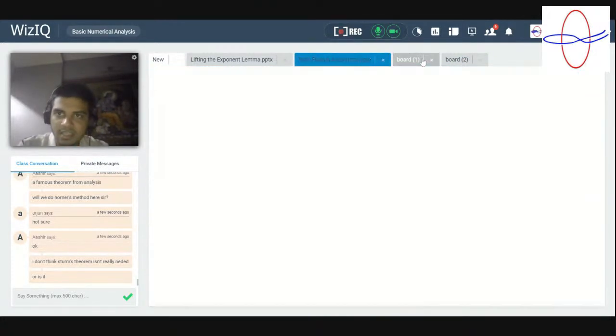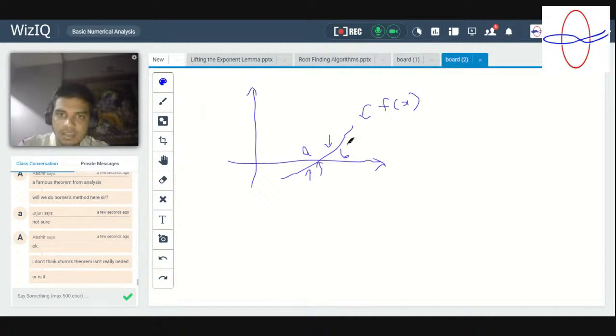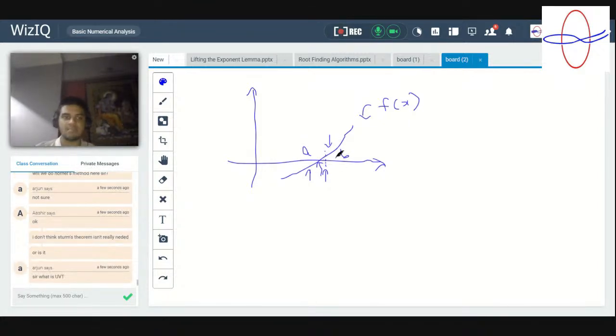So what I do then is I just take the value a plus b by 2, the mean of it, and I see which sign this has. So if this is positive, then I will replace b with a plus b by 2. If it's negative, I'll replace a.